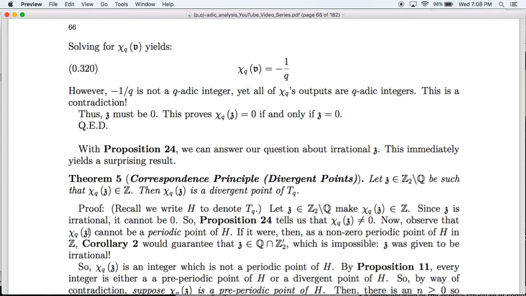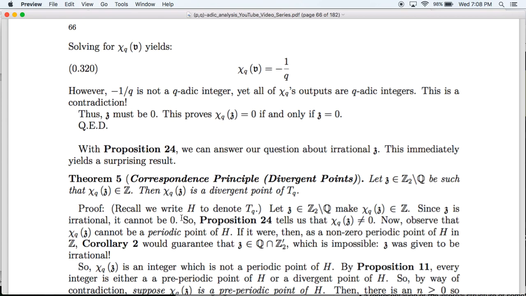So not only does this say that there can only be a single value of z which makes this into any particular periodic point, that z must necessarily be rational. But that is impossible. We're given that z was irrational. So purely by irrationality, chi-q of z cannot be a periodic point.